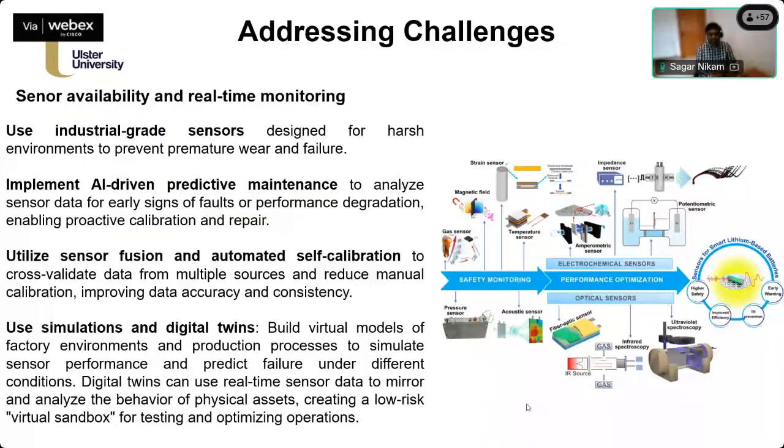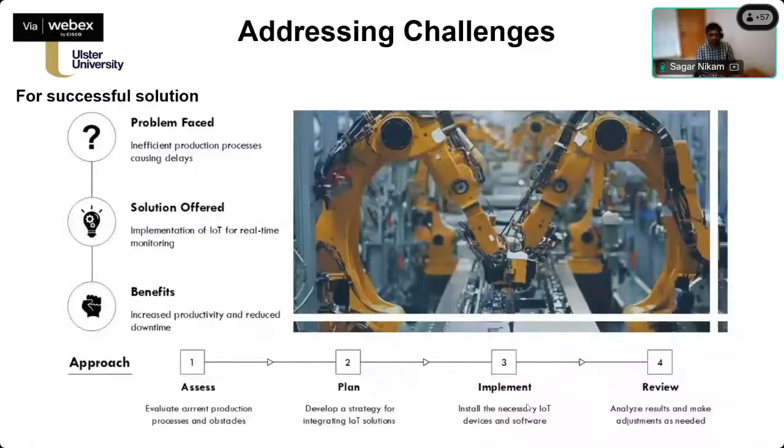For any of the challenges I mentioned, or any other challenges in smart manufacturing, we first need to assess them, and there should be a proper plan for integration. There should be a proper plan for implementation. That's what we call deployment, and it should have regular review. For every challenge, to succeed, we need to follow these steps in solving the challenges in smart manufacturing.